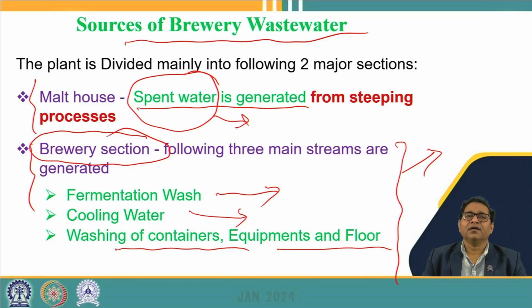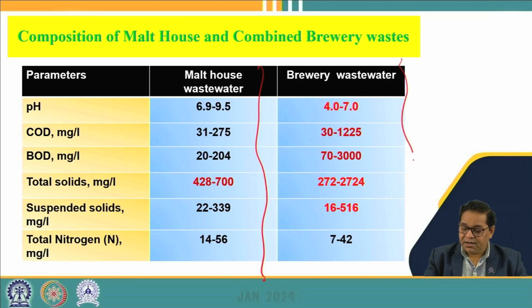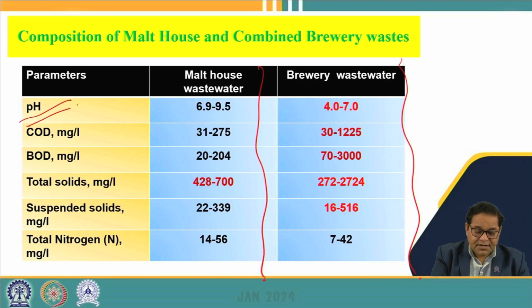And then in terms of composition of the wastewater generated from the two major sections, the malt house and the brewery sections, we will see the major parameters, first in terms of acidity, alkalinity or pH.